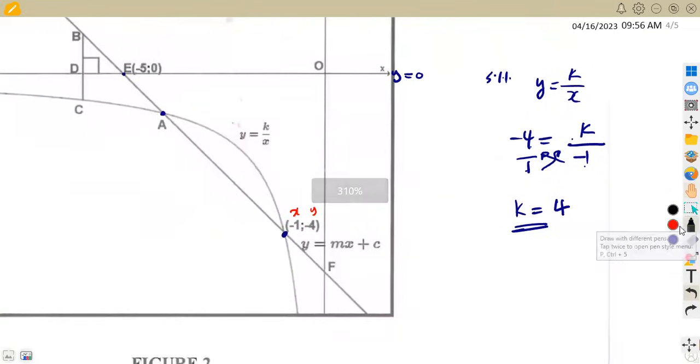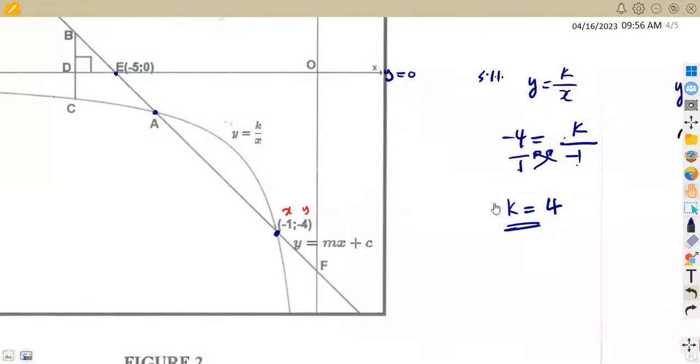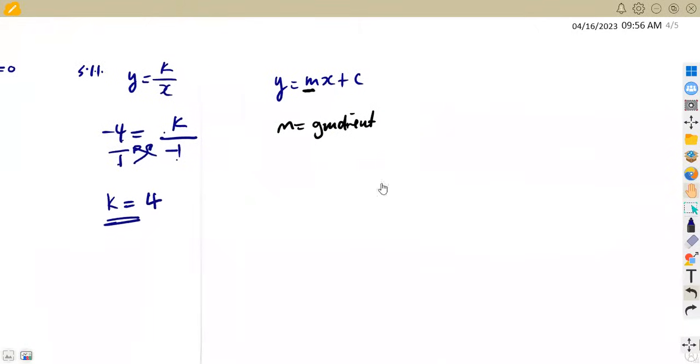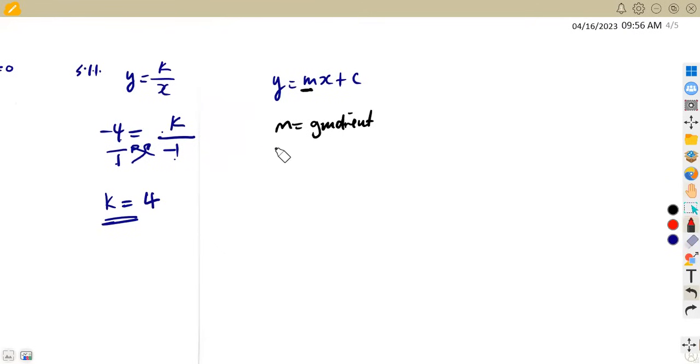Point E is on the straight line, and point -1, 4 is also on the straight line. So we can use point E, -5, 0, and the point of intersection, -1, 4. These two can help us determine m, which is the gradient.